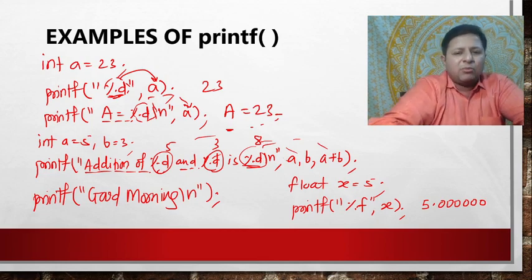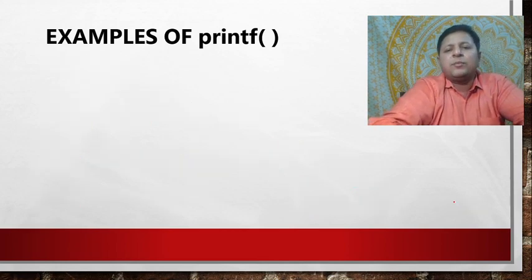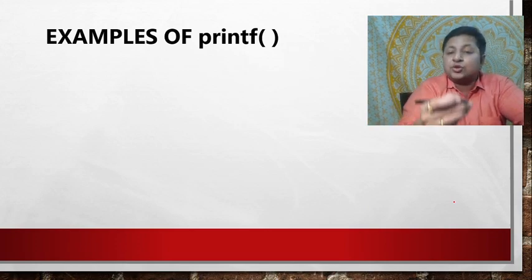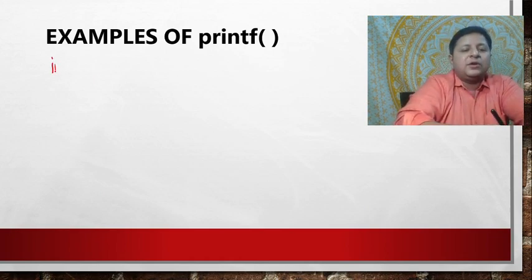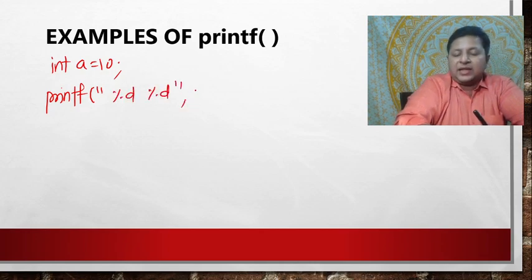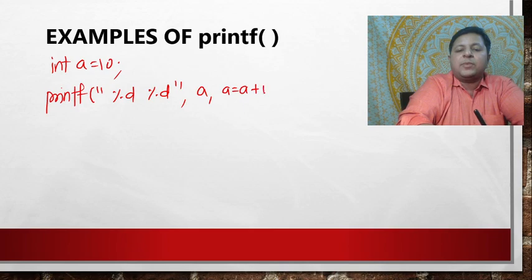Now I can take some more examples of printf to give you a better idea of printf. Some brain teasers you should know. For example, int a is equal to 10, printf "%d %d", then the first one is a, and the second one is a = a + 50.